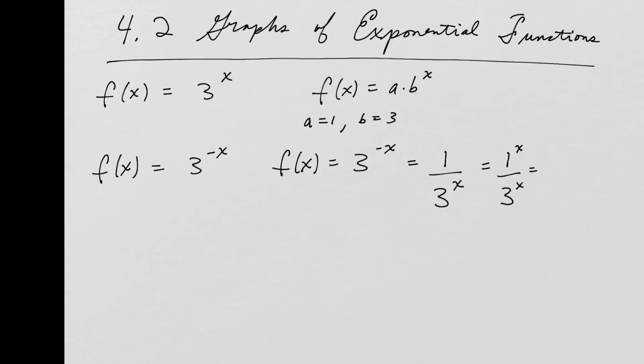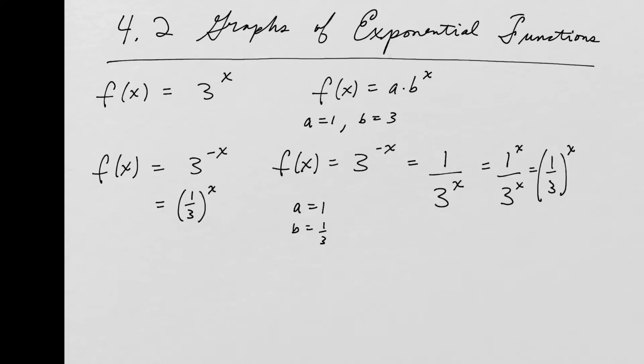And that's simply (1/3)^x. So 3 to the minus x is the same thing as (1/3)^x, exactly the same. So in that case, a would be 1, b would be 1/3. Okay, so in this case, a is equal to 1, b is equal to 1/3.